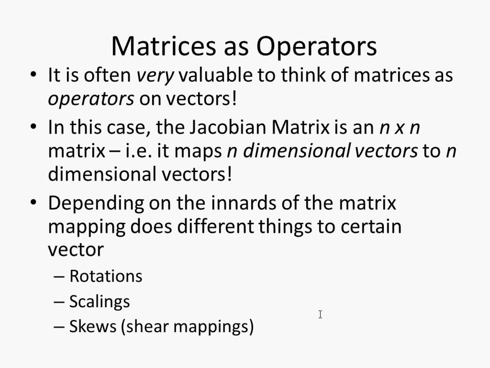Depending on the innards of the matrix, it'll be doing different things, and this is where we get to these things called eigenvalues. Sometimes it will do rotations. It'll take a vector in and rotate it, push it a different way. Sometimes it will scale it.